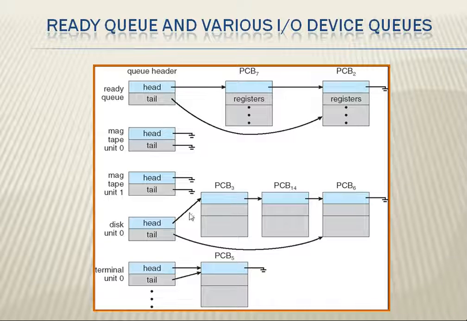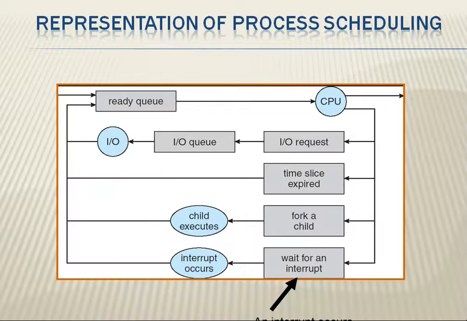So the head indicates P3 and the tail indicates P6, which is the last in this queue. So these are the processes which are waiting for disk unit 0. Now at terminal unit 0 we have process 5. As this is the only process here, the head points to this and the tail also points to the same PCB. I hope you have understood this.